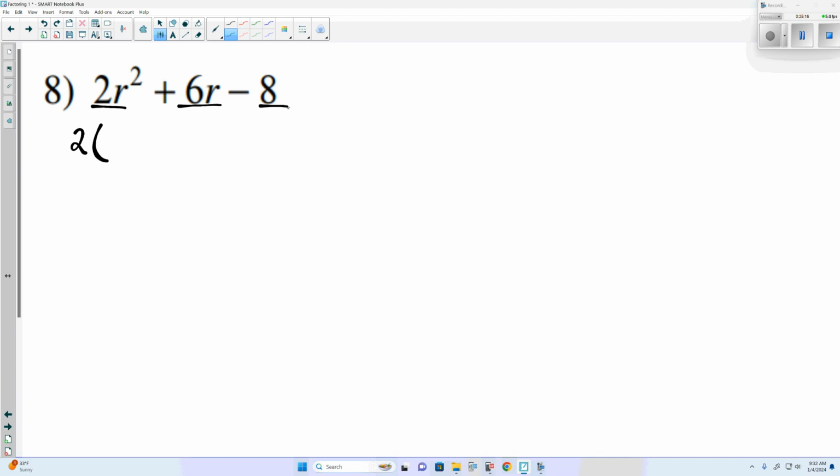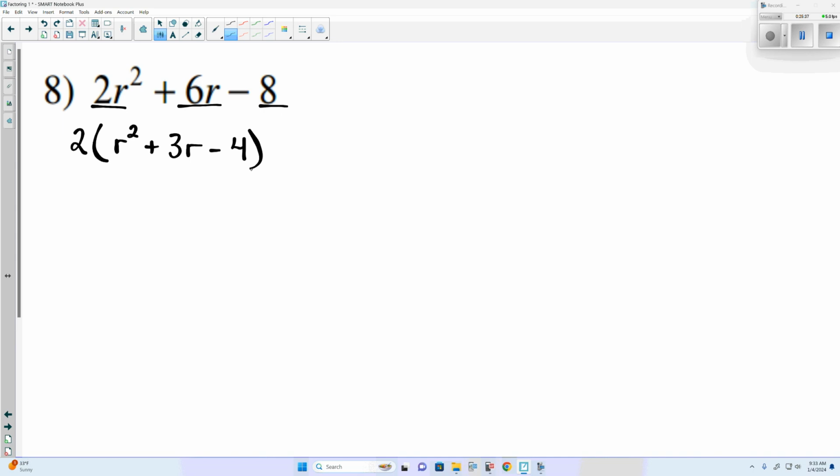So if we divide 2r squared by 2, we're left with r squared. When we remove 2 from 6r, we have 3r. And when we remove 2 from negative 8, we have negative 4. We're just dividing each one of them by 2.